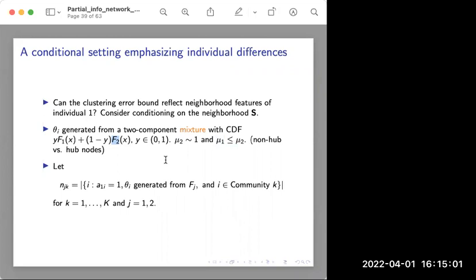It's likely to have more degrees than the rest of the nodes, and F1 describes the distribution for the non-hub nodes. So this is the setup, and then we need one more notation here.